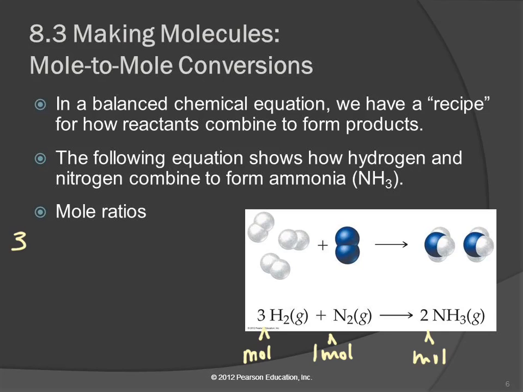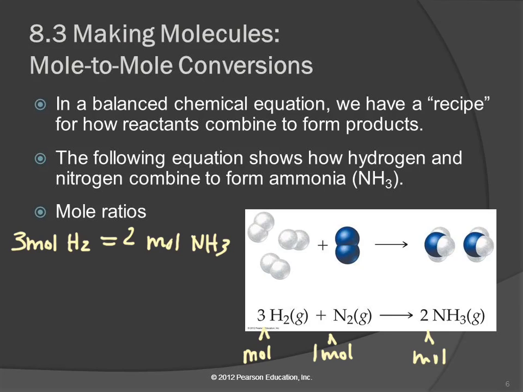So 3 moles of hydrogen is equal to how many moles of ammonia? 2. Because the equation tells us 3 quantities, whatever quantity you want, 3 quantities of hydrogen will get you 2 quantities of ammonia. So we can write that mole ratio.